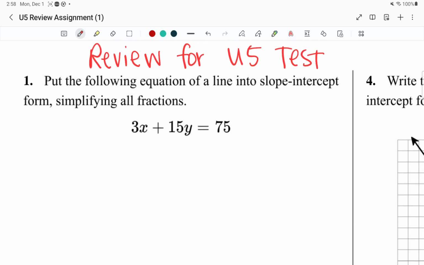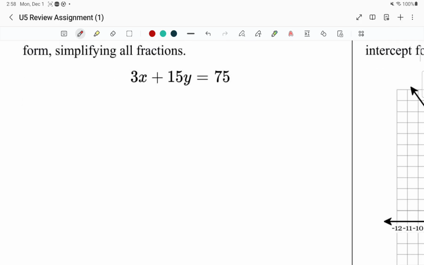Question 1. Put the following equation of a line into slope-intercept form. Simplify all fractions. Okay, what I do for these, the basic rule is get y alone, right? If I'm trying to turn standard form, where x and y are on the same side of the equal sign, into y equals mx plus b, then my goal is to get y by itself.